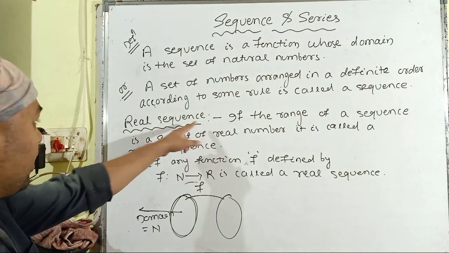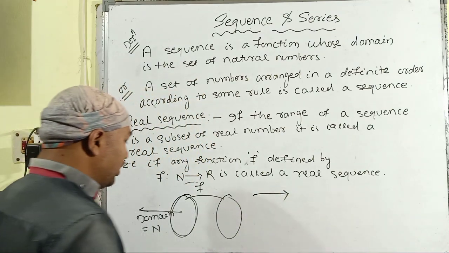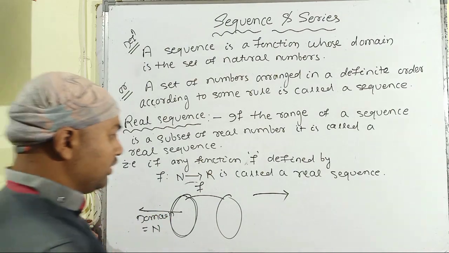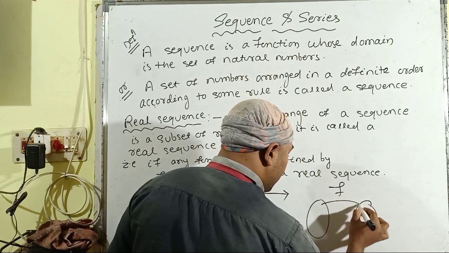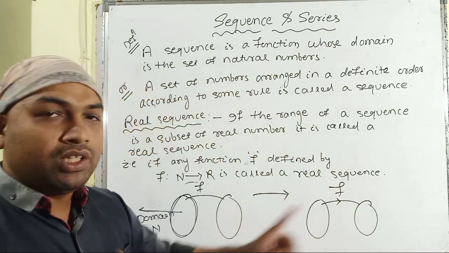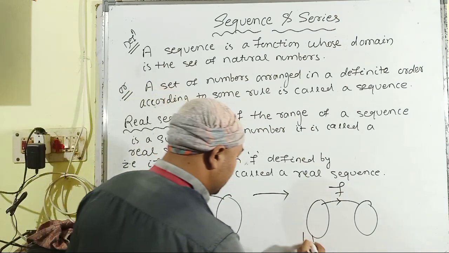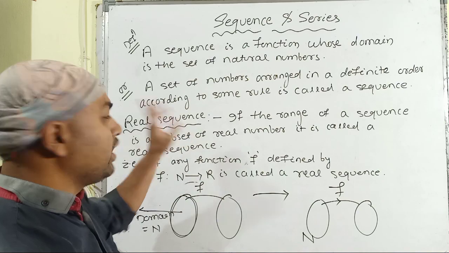Then moving towards the real sequence. The real sequence is the next part of the sequence. That means f is any function between two sets. The domain must be the set of natural numbers, then it will be a sequence. But we have to find out what a real sequence is.